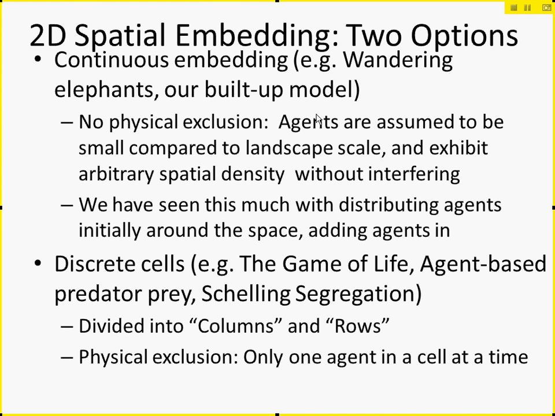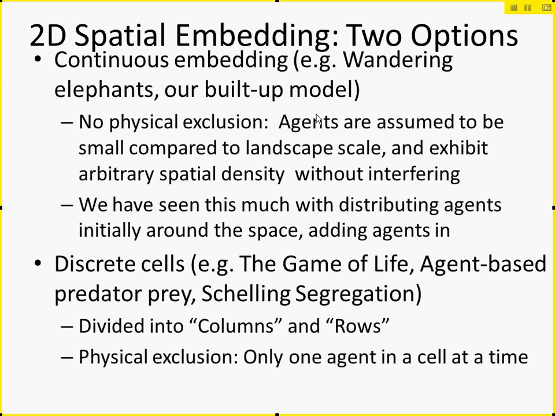There are a number of models that exhibit a discrete spatial environment, but fundamentally here it's divided into columns and rows. Physicists sometimes do more interesting things where they'll impose hexagonal grids, for example, atop underlying grids so that you can have connectivity in a larger number of directions.